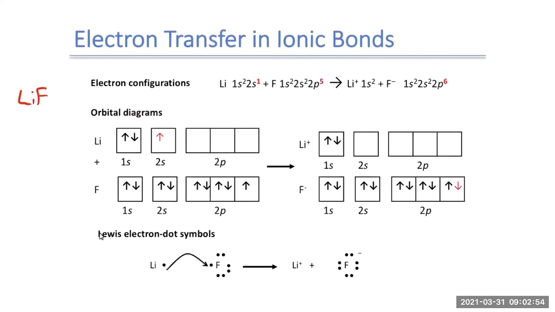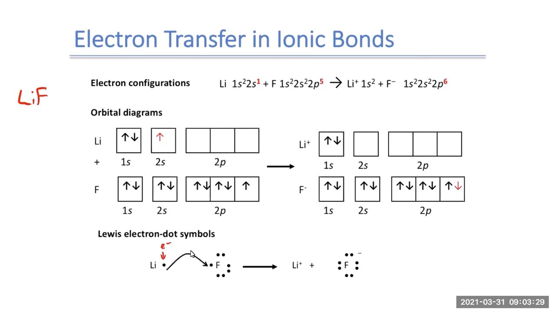And we can also draw that using what we call Lewis electron dot symbols. So each dot here represents 1 electron. So that'd be the 1 electron here. We draw the valence electrons as dots around the atoms. Fluorine, since it has 7 valence electrons, 1, 2, 3, 4, 5, 6, 7, we draw 7 dots around the fluorine.